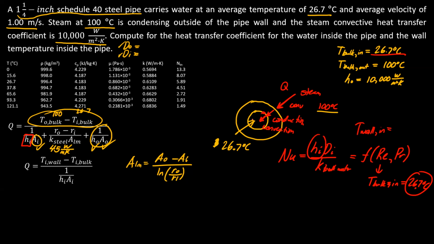We know 26.7, that is the bulk temperature of the water, but we don't know the temperature of the wall inside. So we need to assume a value here because it is needed. Most empirical equations for the Nusselt number require knowing the wall temperature.